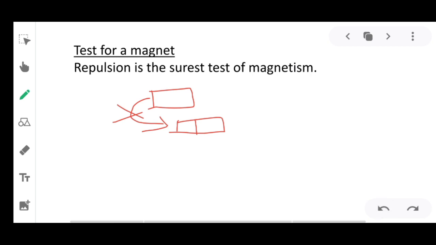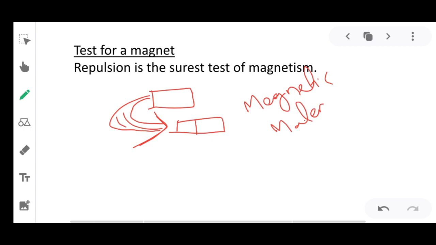But if this material is attracted by this magnet, then it can be a magnetic material, or it can be a magnet also.